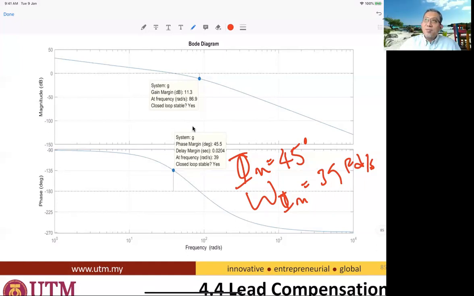Kita tanya Ong. Mr. Ong, can you give me an answer? The second difference between lead and lag compensator. Mr. Ong, hello? Ong tak ada. Syaza Yunus.